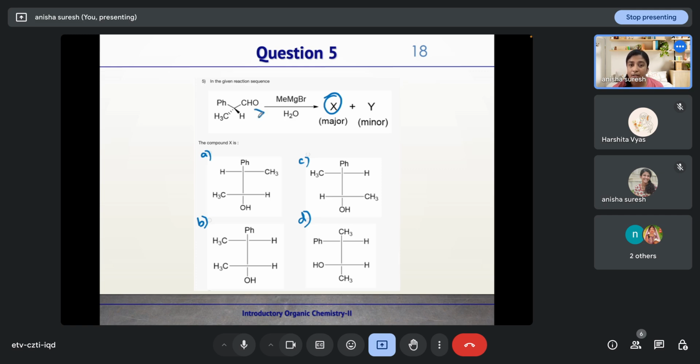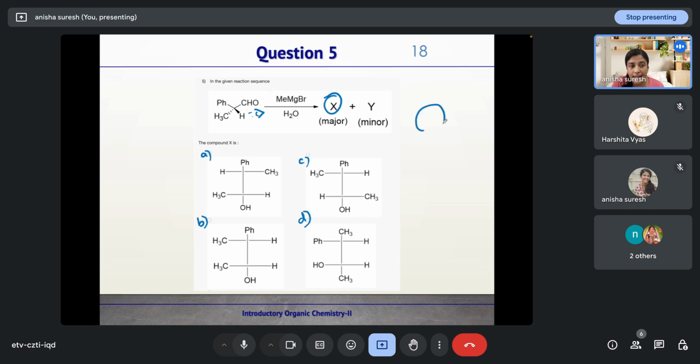So this we can see from this viewpoint. Here this H will be coming on our left hand side and CH3 will be coming on our right hand side when we are seeing in this direction, and pH will be coming in the same direction as that of the carbonyl.